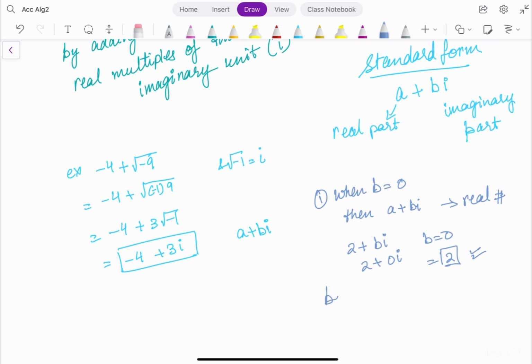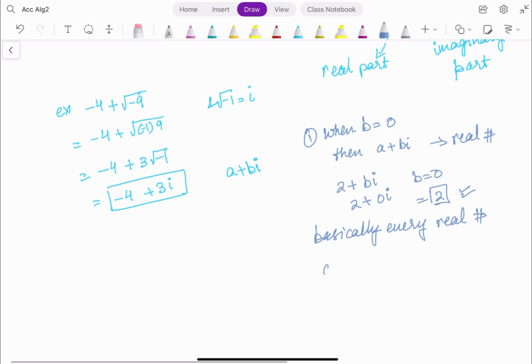Isn't that interesting? Every real number can be written as a complex number using b equal to 0, because bi is your imaginary part.